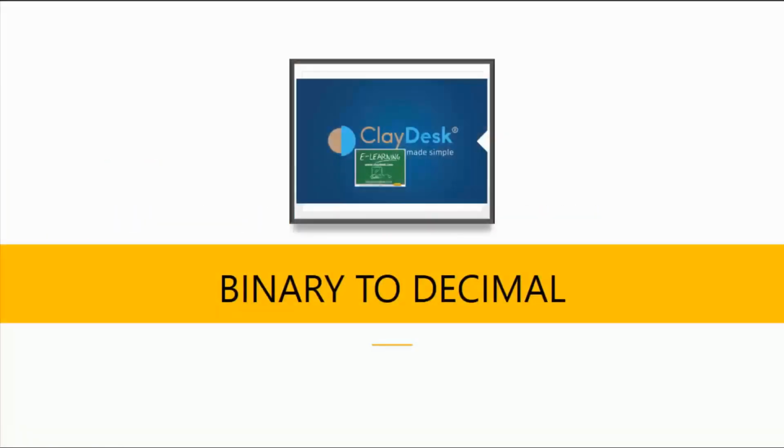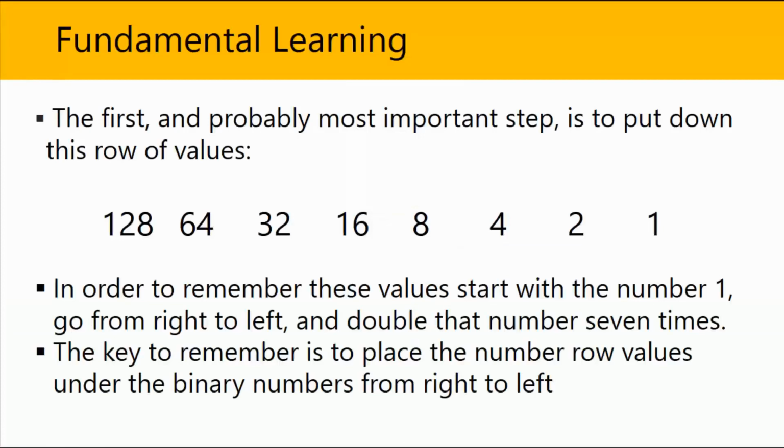Hey guys, and welcome to this lesson on conversion from a binary number to a decimal number. So the fundamental learning of this concept is that the first and probably most important step is to put down this row of values, which is 1, 2, 4, 8, 16, 32, 64 and 128.